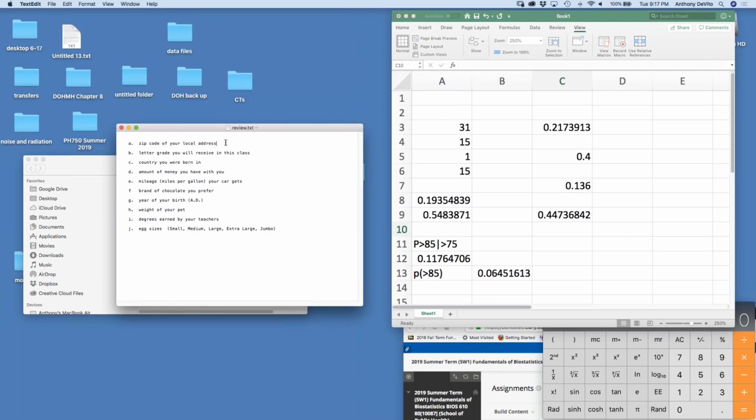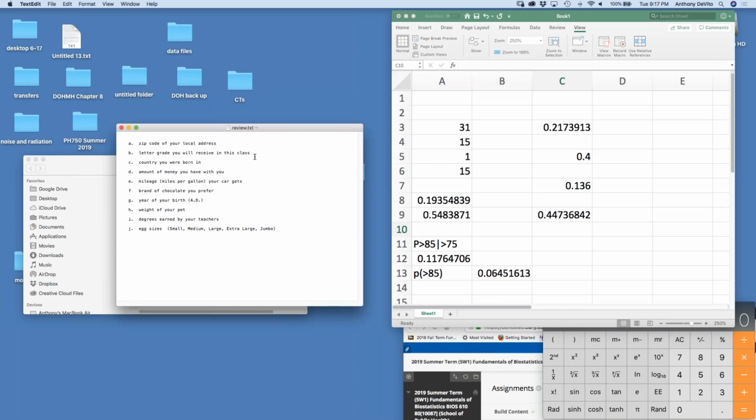It's just like saying Brooklyn or Bensonhurst or the South Bronx or something like that, right? So it identifies a location. So even though it's a number, it represents basically a name or a location. So that is a nominal variable, a name. Zip code, even though it's numbered, is basically a name for a place.